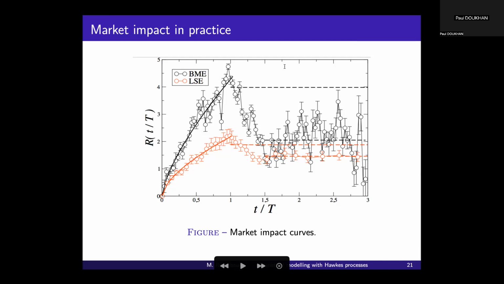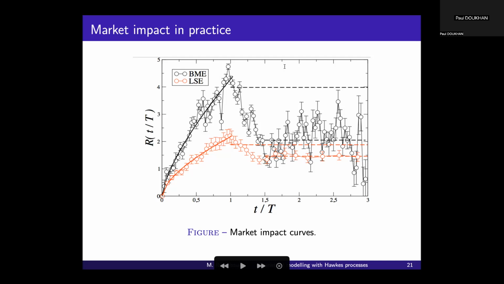You see, on average, these are averages of a million metaorders, this is the price. I'm pushing the price up because I'm buying. Then I'm done, and then the price is going to revert to some level.